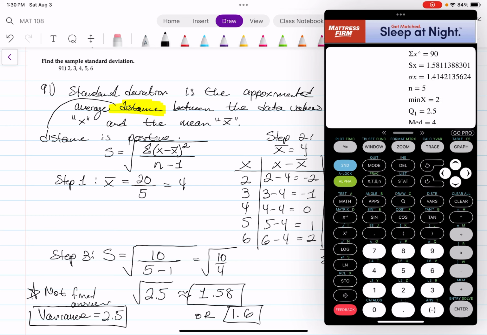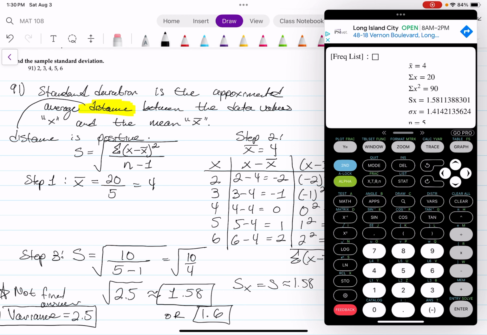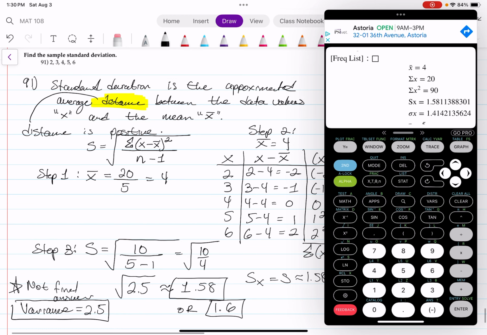Scroll up, and the one that says S sub x, this means standard deviation of the variable x. As you can see, 1.5811, and so forth. So there you go. That is the way to calculate the standard deviation in the calculator.